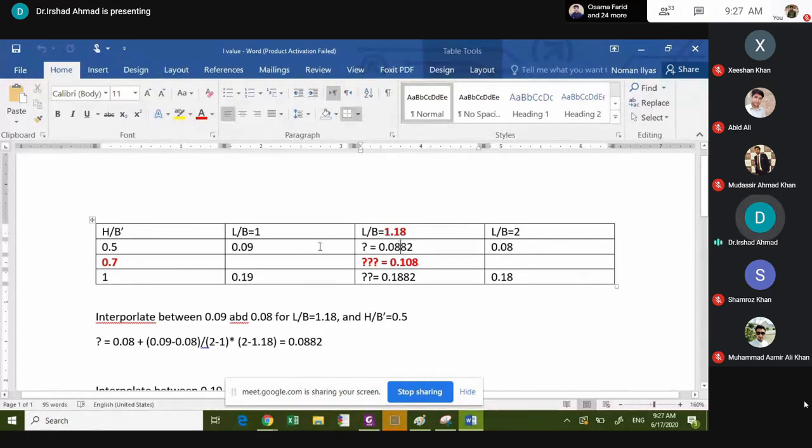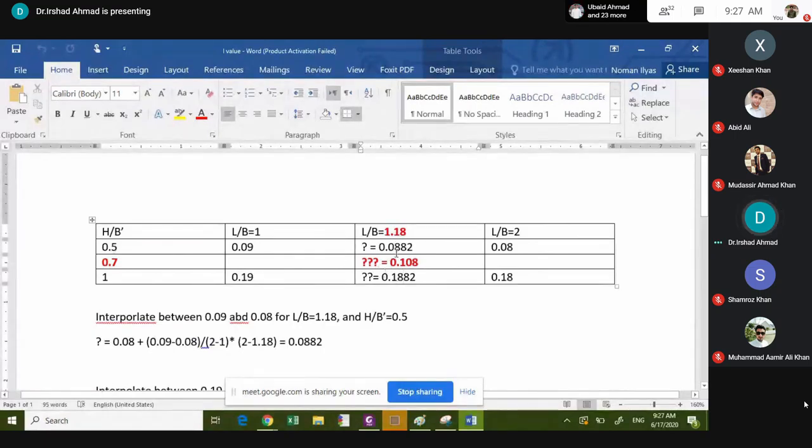Then you interpolate here between 0.19 and 0.18, and that would be equal to 0.1882. Now you got the values for L by B 1.18, for H by B 0.5 and 1.